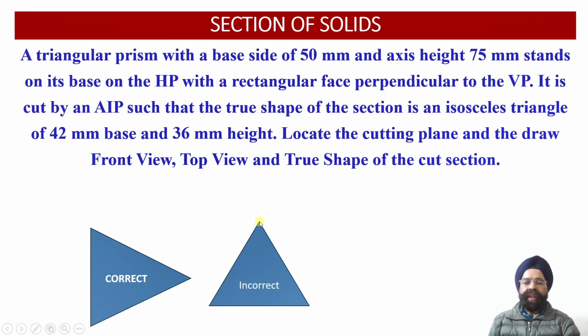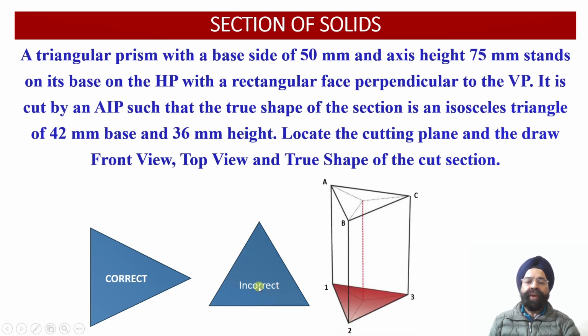So here, if we choose this orientation of the triangular prism, and this prism is lying on its base on the horizontal plane, then in this orientation none of the rectangular faces of this triangular prism will be perpendicular to the vertical plane. So this position of the triangular prism is incorrect.